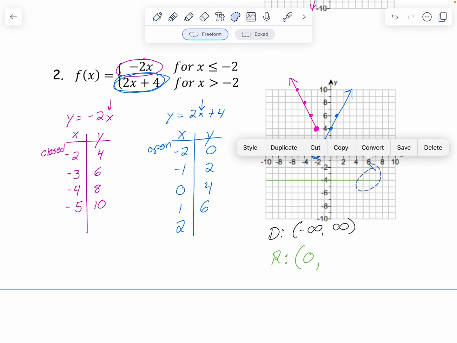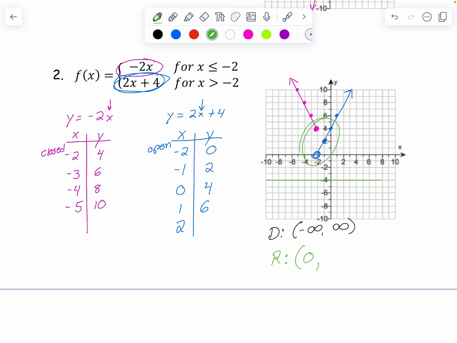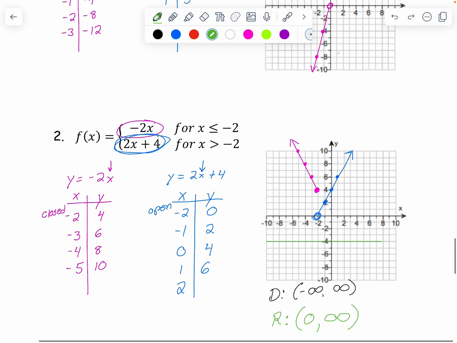So even though there is a break here, the y values are somewhere on the graph, everywhere from here up. So it's a little bit tricky. Just because we see a break doesn't automatically mean we need the union. So everything from 0 up is somewhere on the graph, whether it's on this piece or whether it's on this piece. All those y values from 0 up are included.